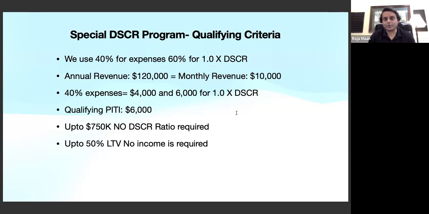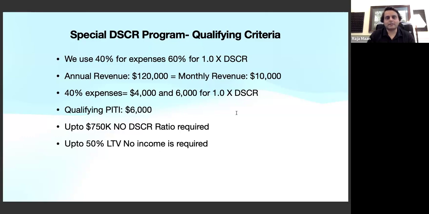But under that, we don't care about DSCR. And at 50% LTV or lower, we don't care about DSCR. If the LTV is 50% or lower, lower DSCR would work. Qualifying PITI is $6,000. If the PITI, principal, interest, tax is $6,000, that will qualify under this program.